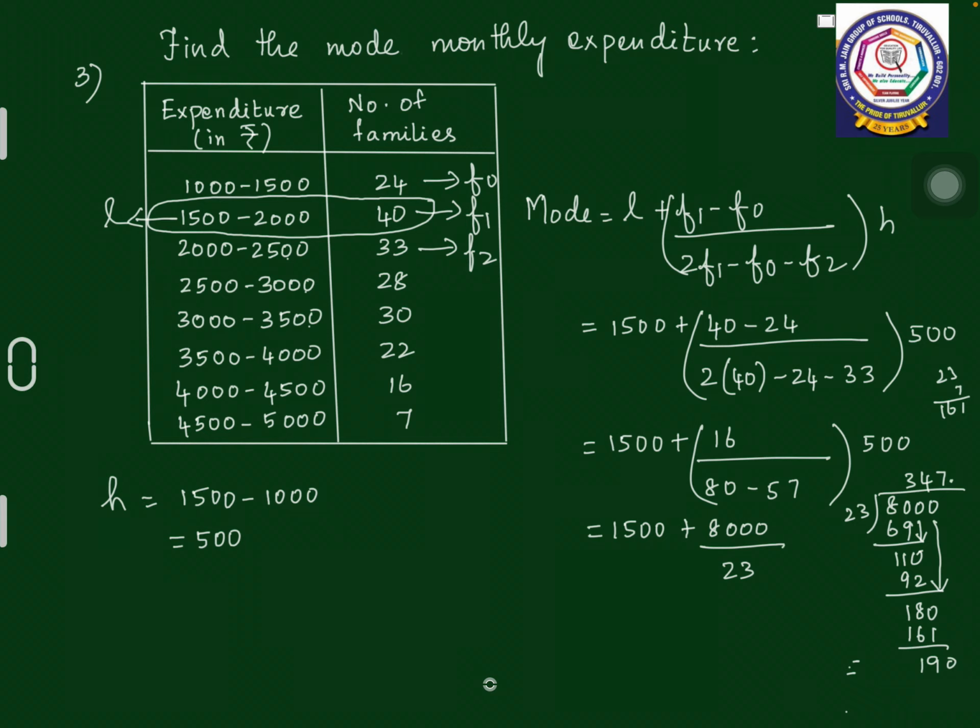I add a 0. 23 twos are 46. So I get 14. I add a 0. Then again 23 fives are 115, 23 sixes are 138, and it keeps going. So I get 347.826. So that is 1500 plus 347.826.